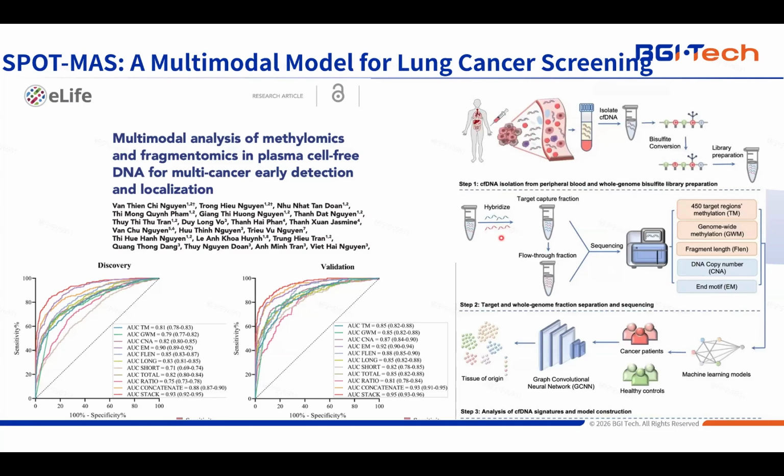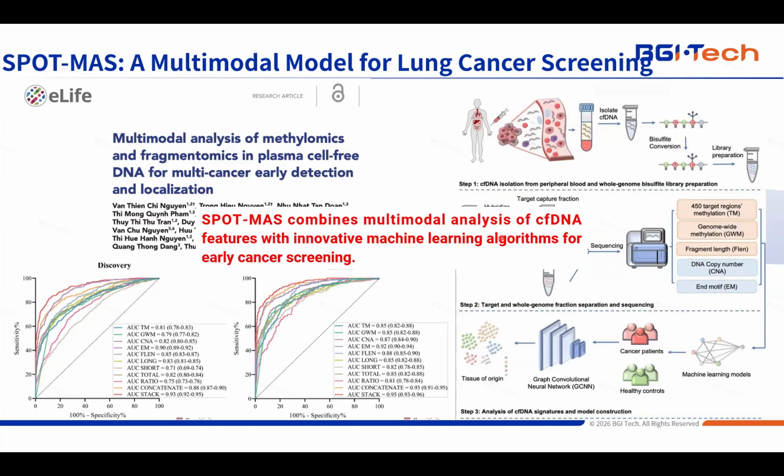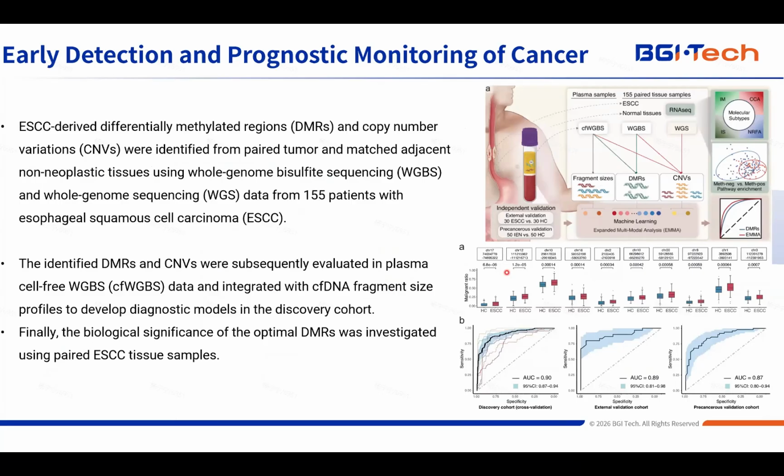Finally, the authors show that SPOT-MAS combined multimodal analysis of cfDNA features with innovative machine learning algorithms for early cancer screening.